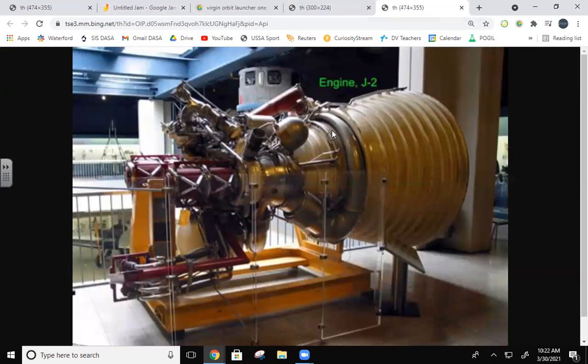Now this is a J2, which was the upper stage engine of the Saturn V. This was doing a few hundred gallons per second. These pumps are going real fast. This is a stripped down version of what it looks like.